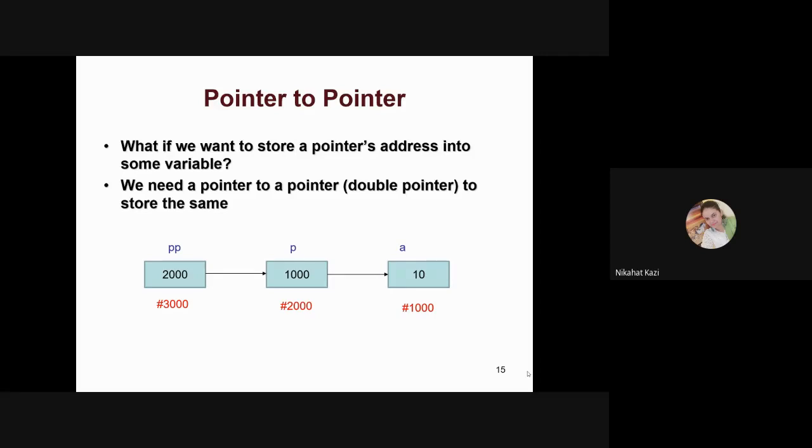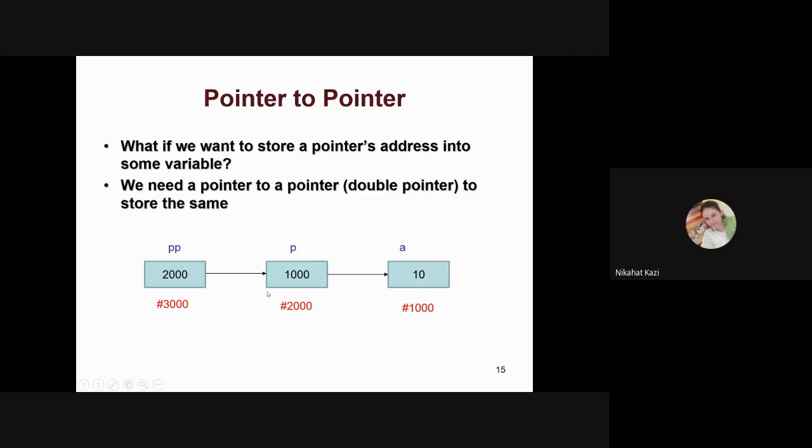Okay. So it's like this. A is an integer variable. P is a pointer variable, pointer to an integer, and pp is a pointer to a pointer. That means you need to hold the address of a pointer. So to hold the address of a pointer, you make use of a pointer to a pointer.